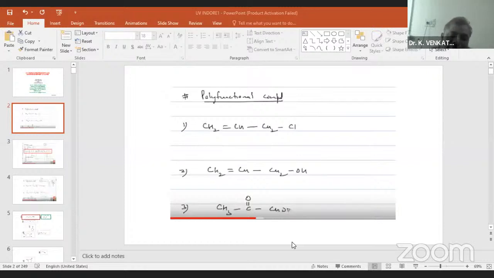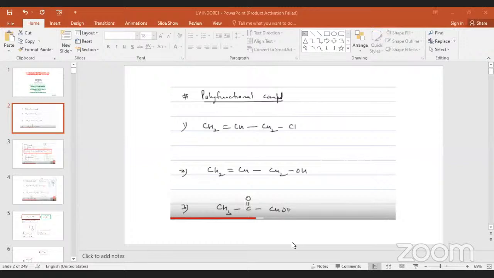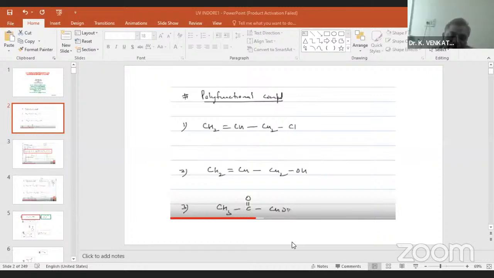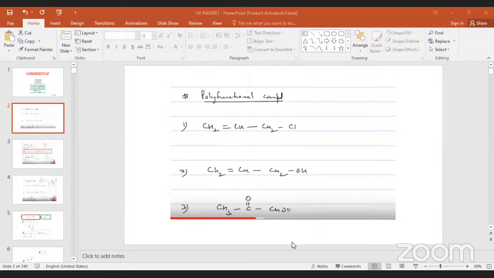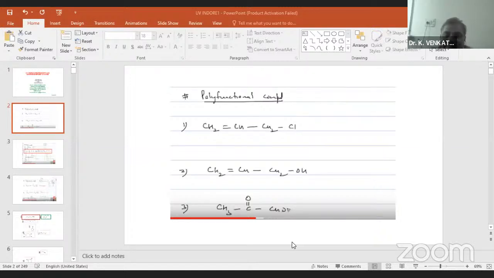Second: 2-propene-1-ol, Professor. 2-propene-1-ol, okay. Third: propan-2-on-1-ol. No. The first two are correct, no problem.